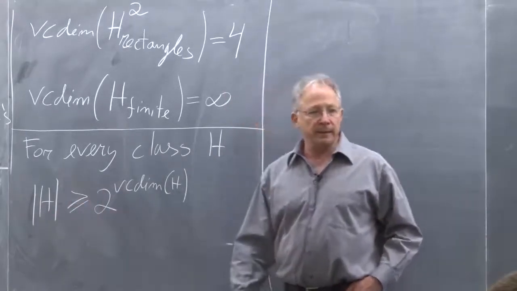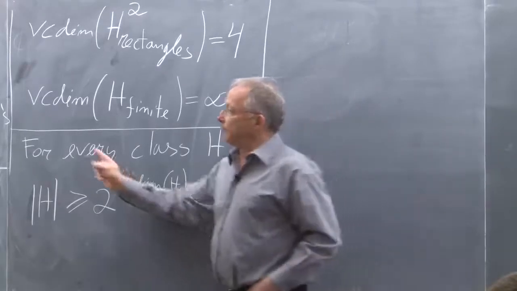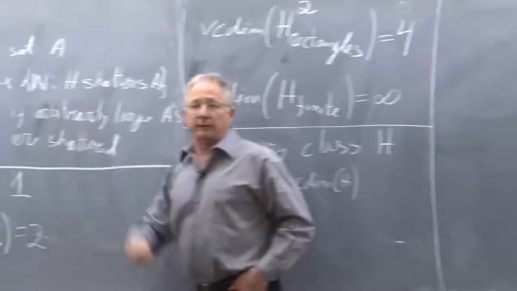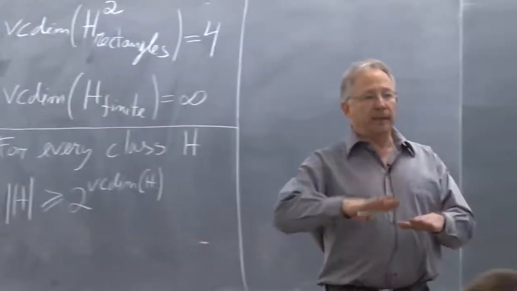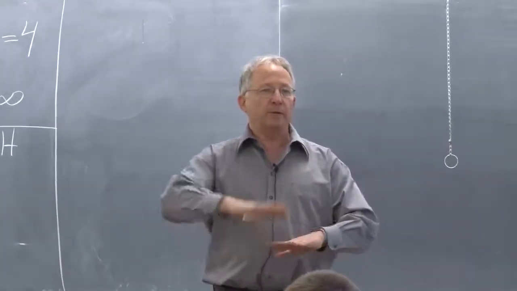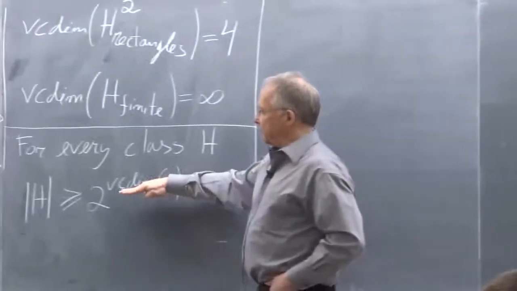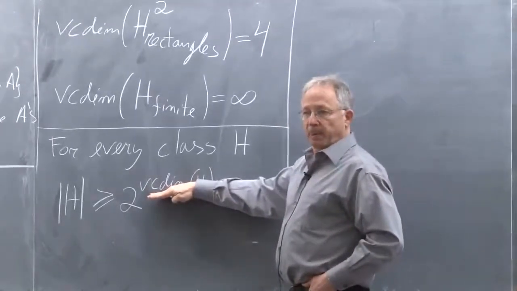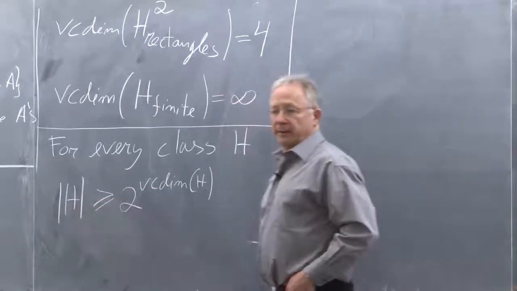And the reason is that if I have a big VC dimension, it means that I have a big set A which is shattered. But to shatter a set A, I need 2 to the size of A many hypotheses to cut all subsets of A. So if I want to shatter a set of size D, I need to have at least 2 to the D many hypotheses in H.